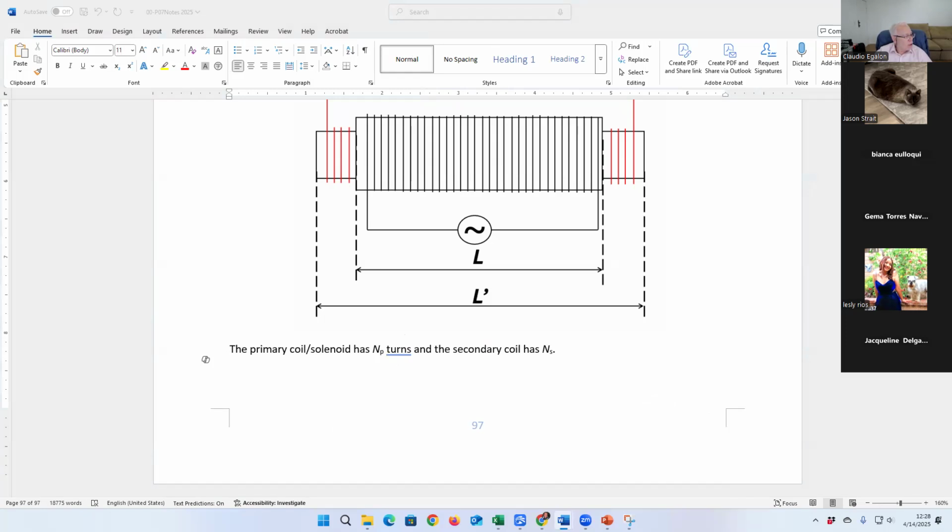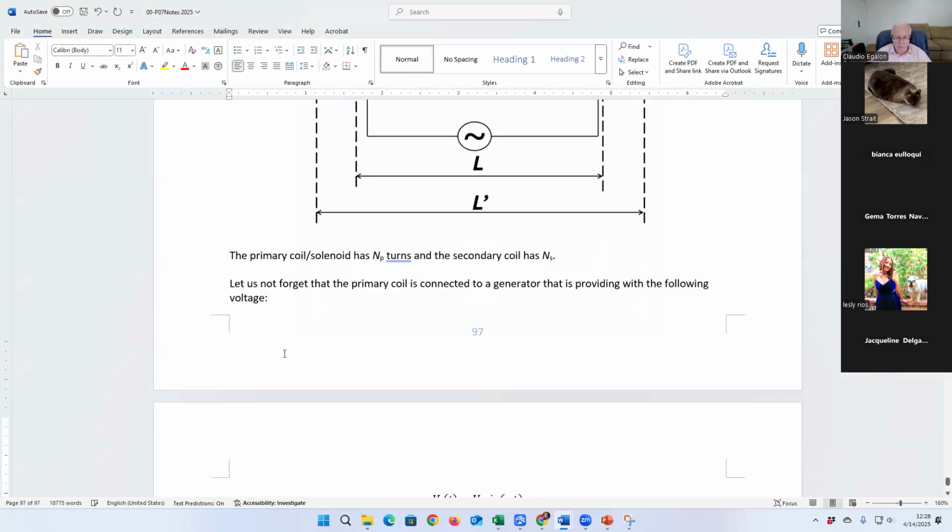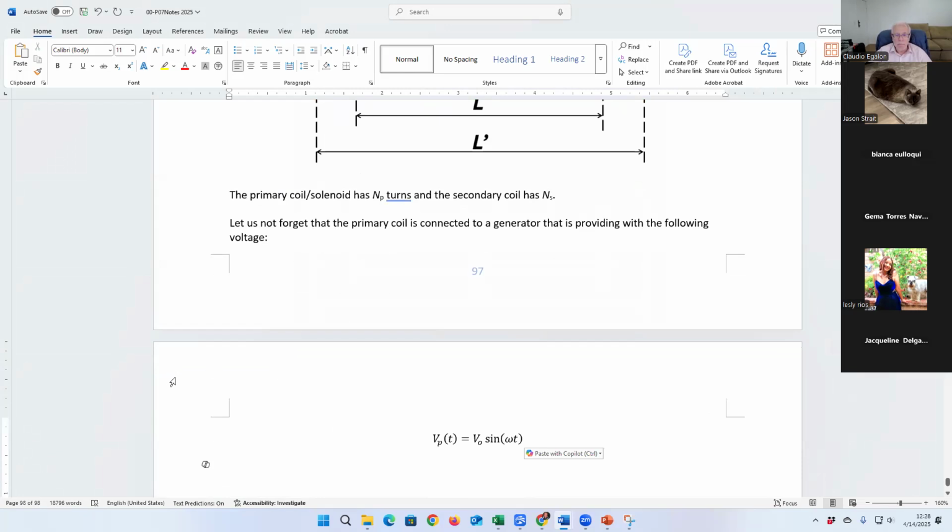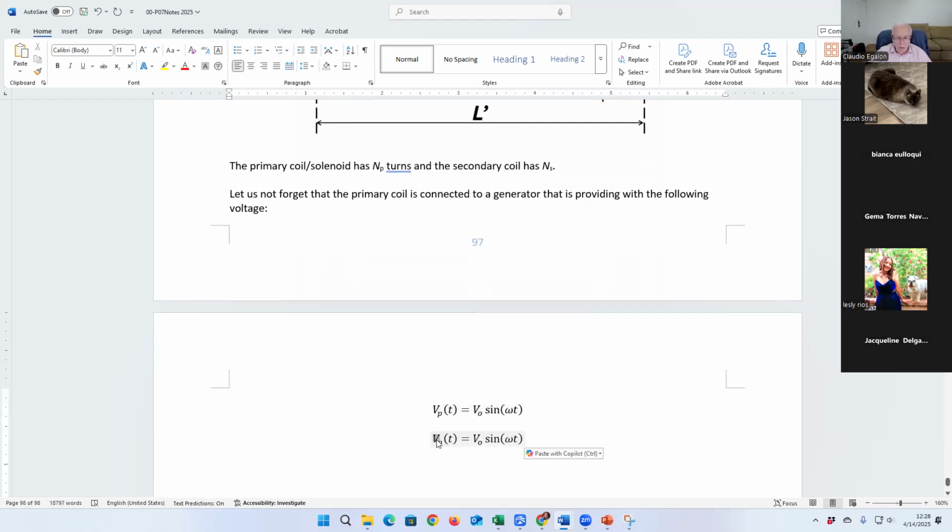The voltage across the first coil is going to be given by something like that. By the same token that the current can be given by I sub P, I naught sine or cosine, depending on how you're taking the time, the voltage also is going to be given by that.